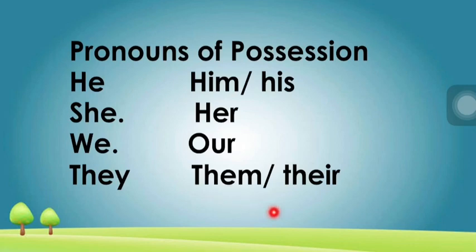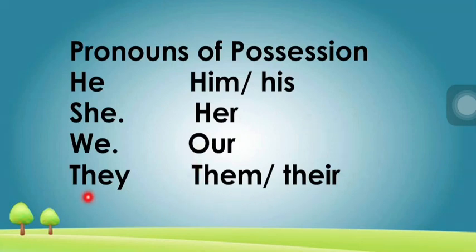Them or their. They have so many lamps in their room, or we can say so many lamps belong to them. Here we are showing the connection between things and to whom the things belong.